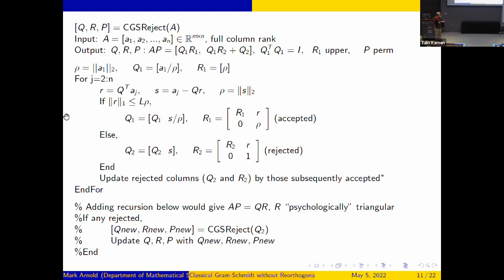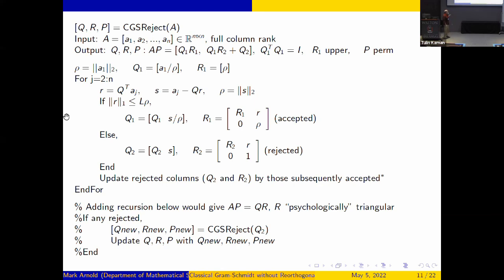And then what I did down here is, if we just added this recursive step here, with CGS reject here and CGS reject here, then this would give us the QR factorization AP equals QR. I'm just replacing the 2 norm by the 1 norm, and the K factor, I'm calling it L, and I'm letting it be 1 also. All we're doing is replacing the 2 norm with the 1 norm of R in the reorthogonalization.